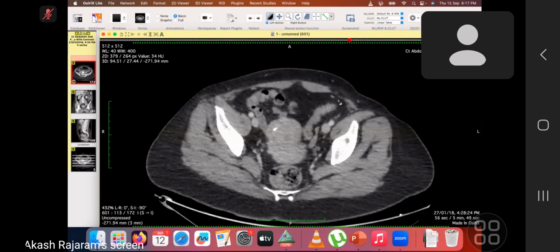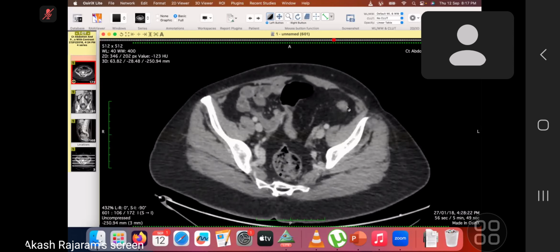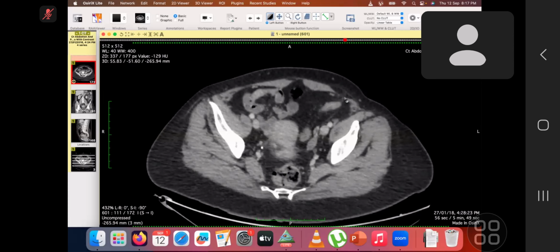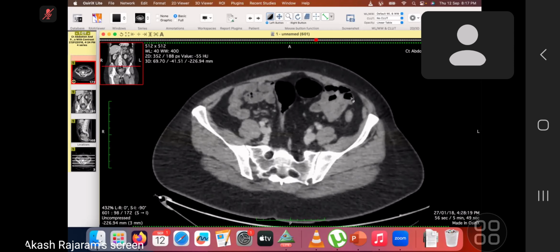Small defect right there with herniation of the omentum. So it may be representing the site of concern or the site of complaint for this patient.